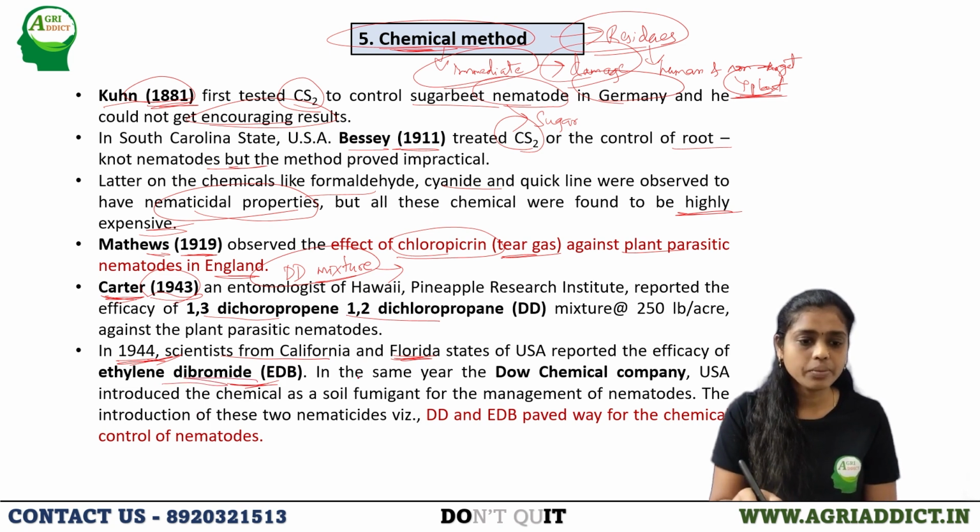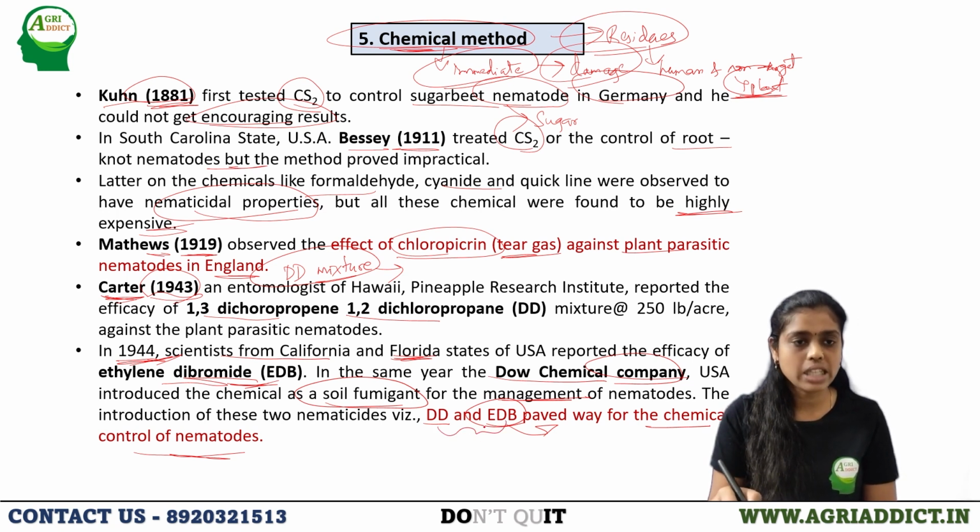In the same year, this was released as a soil fumigant for the management of nematodes by Dow Chemical Company of the USA. These two chemicals, the DD mixture and ethylene dibromide, paved the way for the chemical control of nematodes. From the discovery of the DD mixture and ethylene dibromide, successful chemical control methods were started.